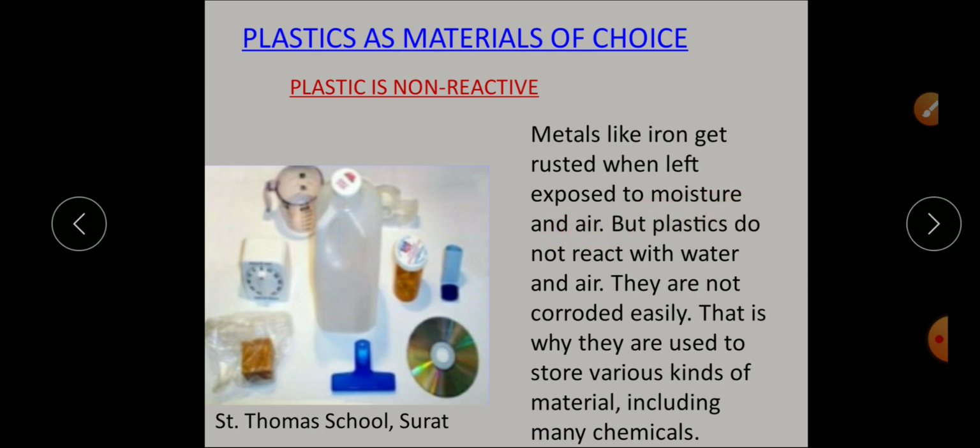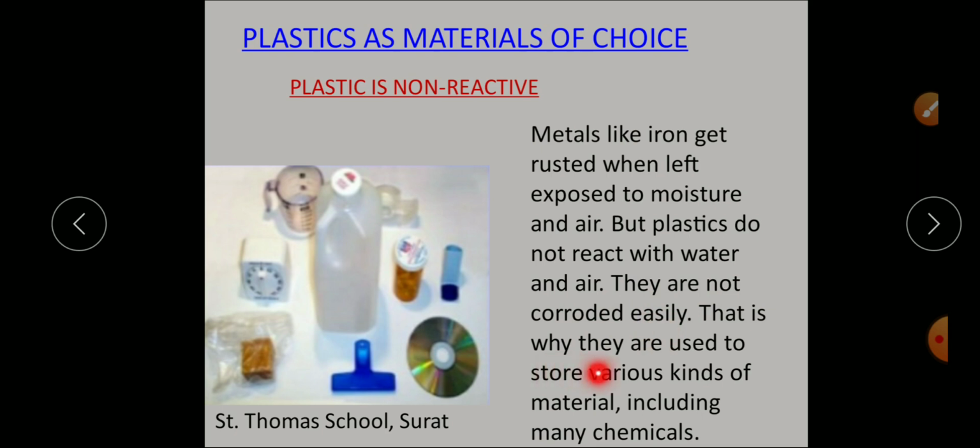An iron item kept in the open area, exposed to moisture and air, gets rusted. But plastics do not react with water and air. They are not corroded easily, which means they are not rusted easily.